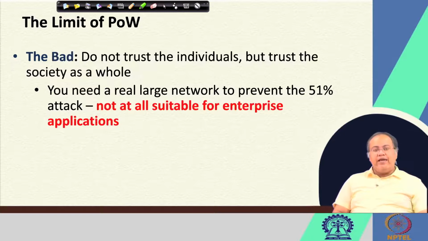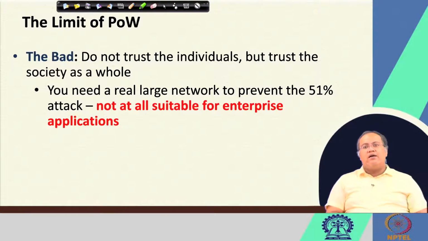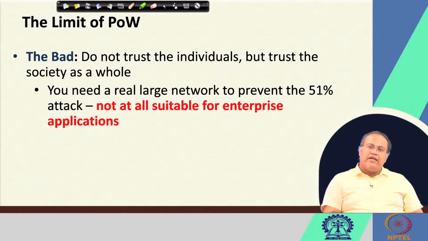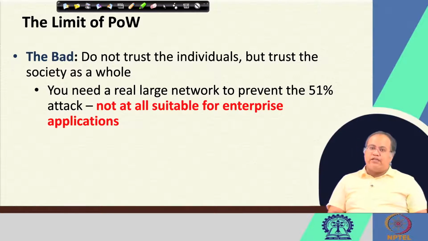But the bad thing in the proof of work consensus mechanism is this. Although you are not trusting any individual, that is our hypothesis, which is why we say this kind of blockchain architecture based on proof of work consensus can provide a trustless environment.